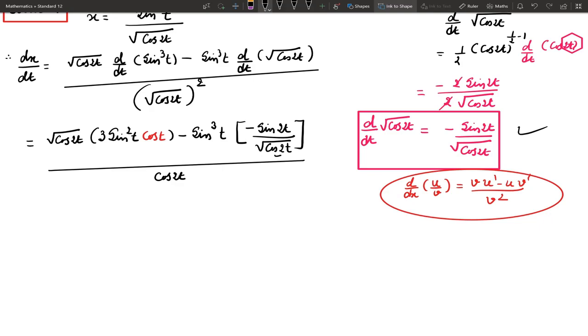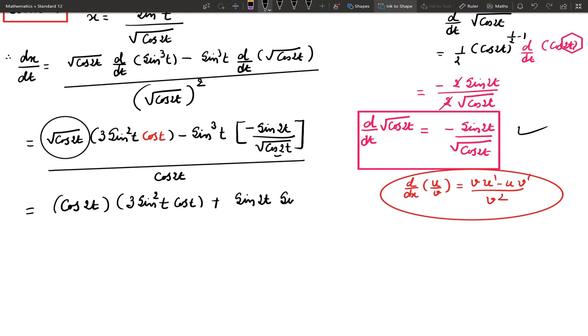Now we take root cos 2t as LCM. So root cos 2t into root cos 2t will be cos 2t. In the numerator: 3 sin square t cos t, minus minus plus, sin 2t sin cube t. Upon, as we have taken root cos 2t as LCM, cos 2t into root cos 2t.